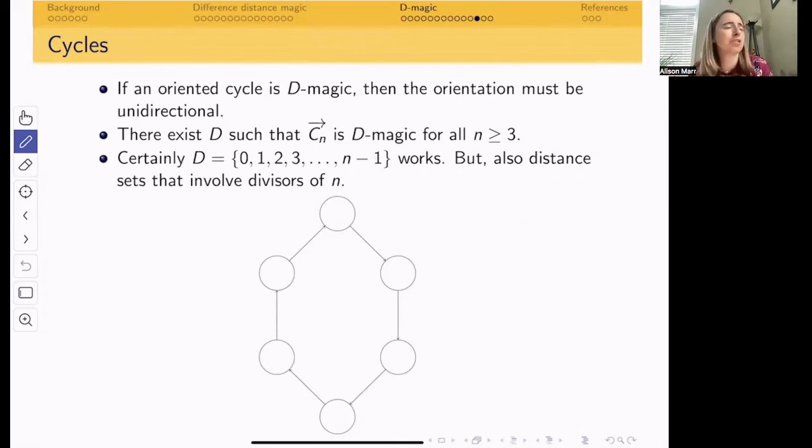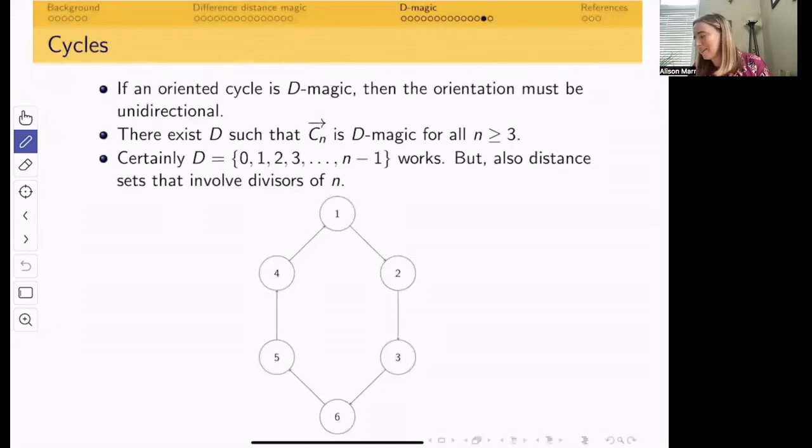Certainly D equals {0, ..., n-1} would work, because in a unidirectional cycle, everything is distance between 0 and n-1 away. But you can also create distance sets that are divisors of n that would also work. So in this example, you could certainly create a labeling with {0, 3}, for example. That would definitely work here in this C6 example.